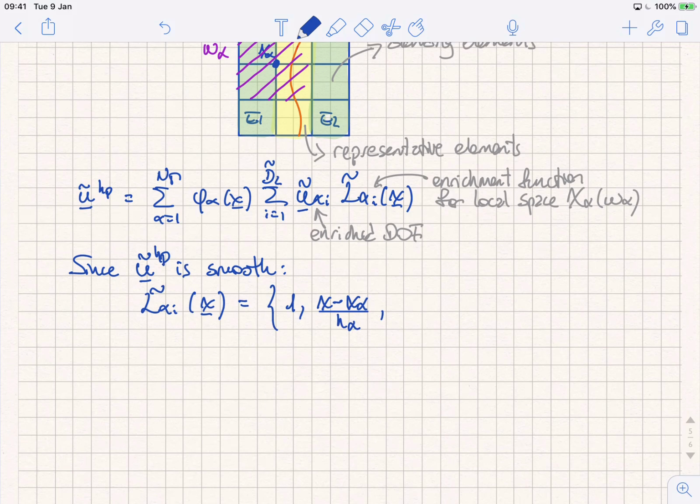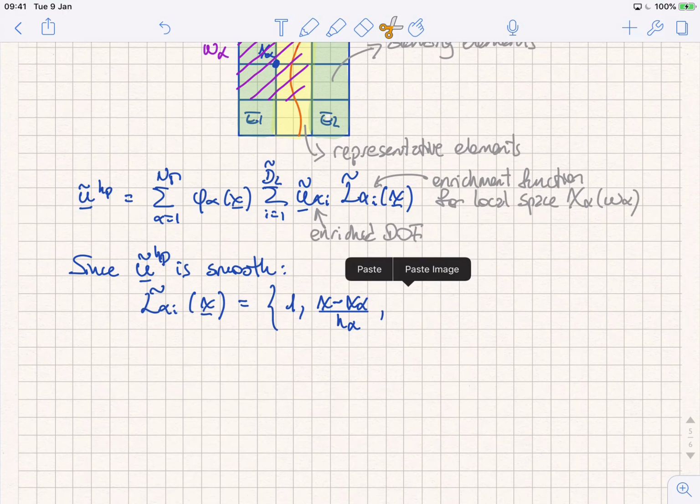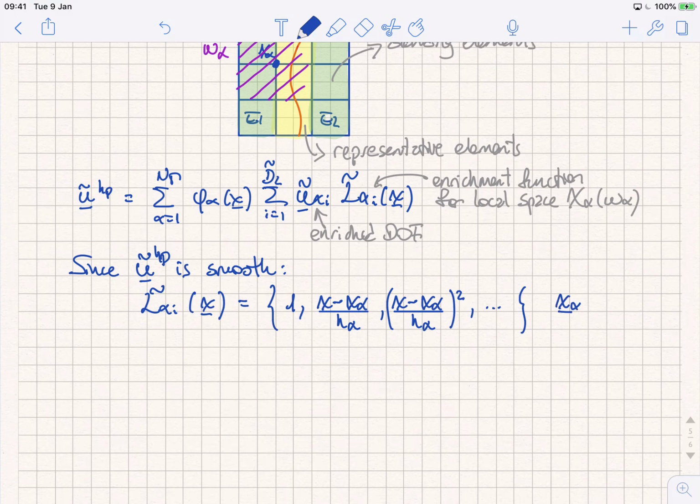Remember this? And then we have the same squared. Of course, we're dealing with vectors, so this is X alpha, and H alpha is the diameter.